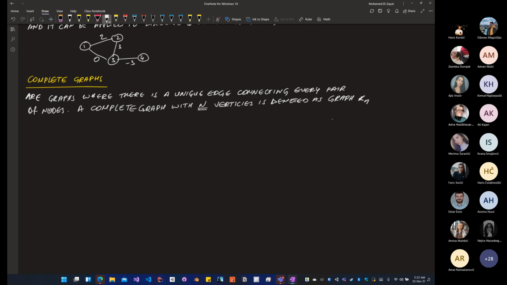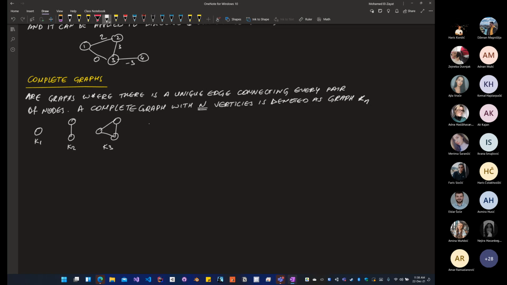Okay? And usually you have it something like this. A graph with one vertex is also valid, so it's a complete graph. This is K2. This is K3.